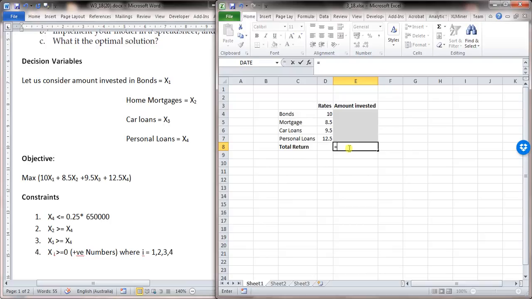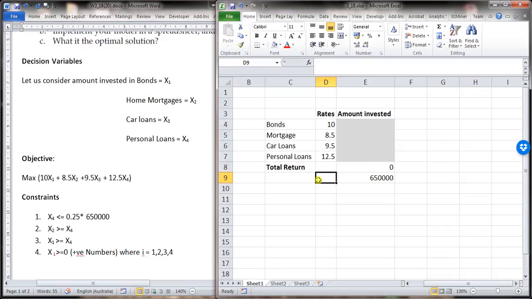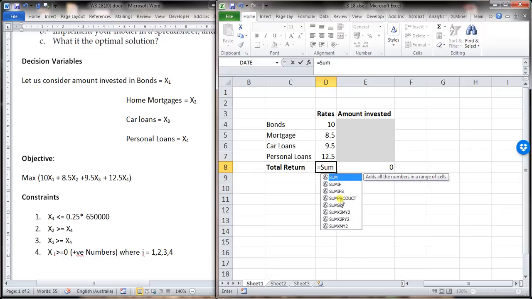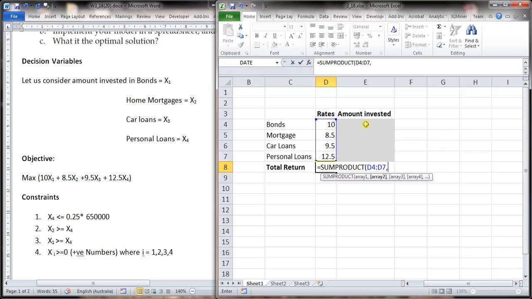This should be the sum of all four investments, and this value should equal 650,000. The effective money returned is the sumproduct of the rates multiplied with the amount invested.